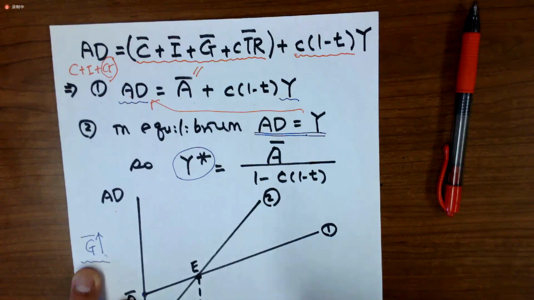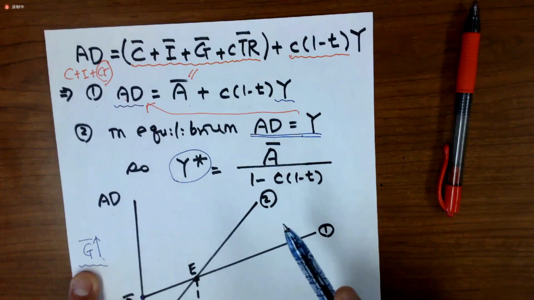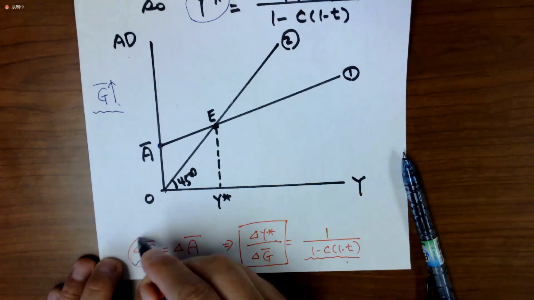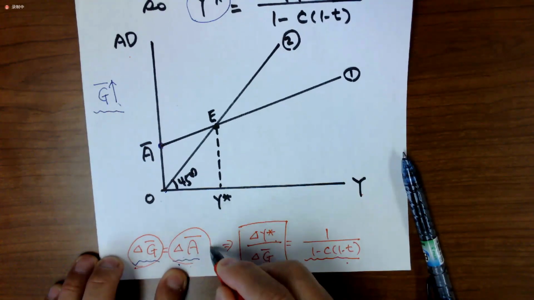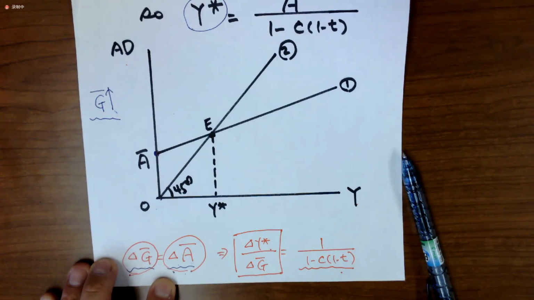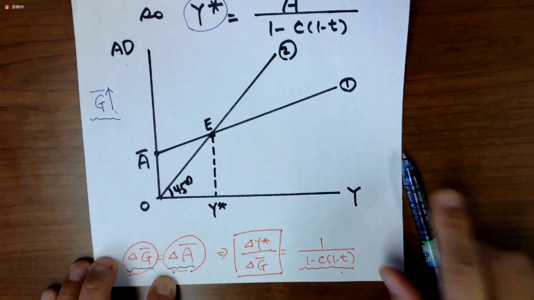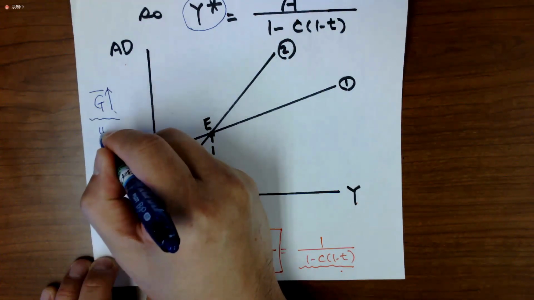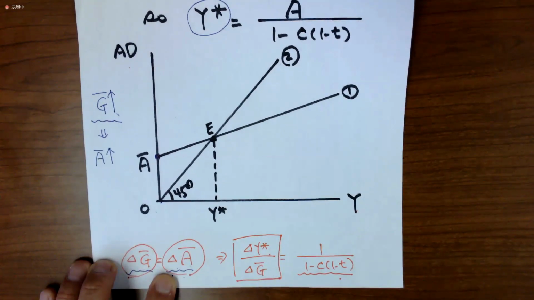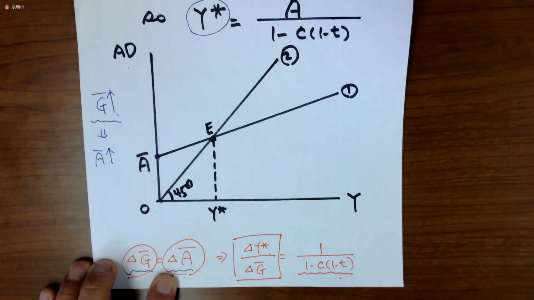Intercept, very good. You already told us the answer earlier, because a change in government spending will affect total autonomous spending by the same amount, correct? So when there's an increase in government spending, A bar will go up by exactly the same amount.